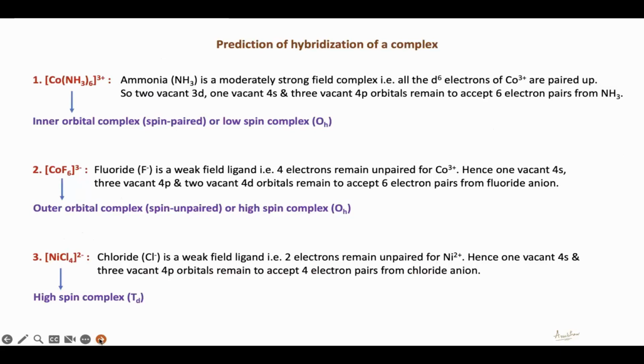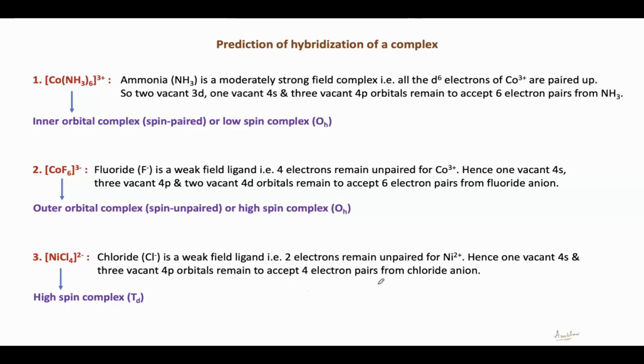With the help of 3 different examples, I would like to elaborate these things to you. Here I will also clarify how sp3d2 and d2sp3 differ from one another. What is meant by the inner orbital complex, or the outer orbital complex, we will also discuss in this slide.